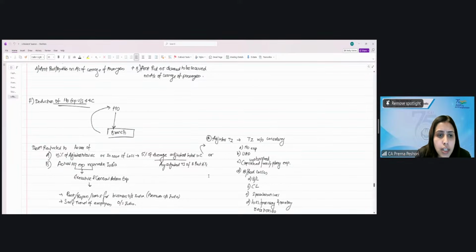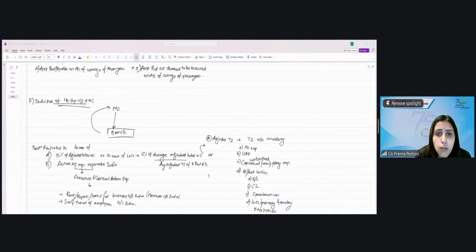The adjusted total income here means the total income without considering the unabsorbed depreciation, brought forward losses under the business loss, speculation loss, capital loss, specified business loss, before any Chapter 6A deduction, any unabsorbed family planning expenses.